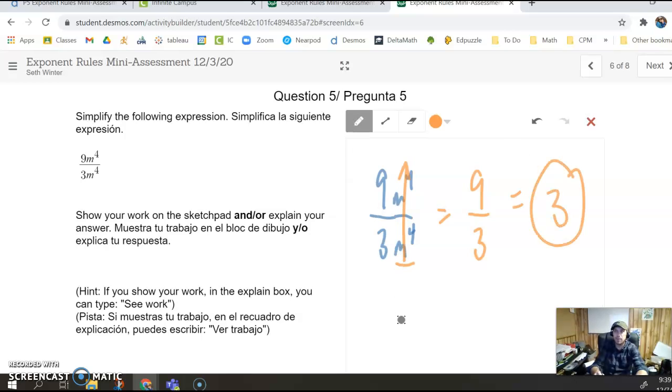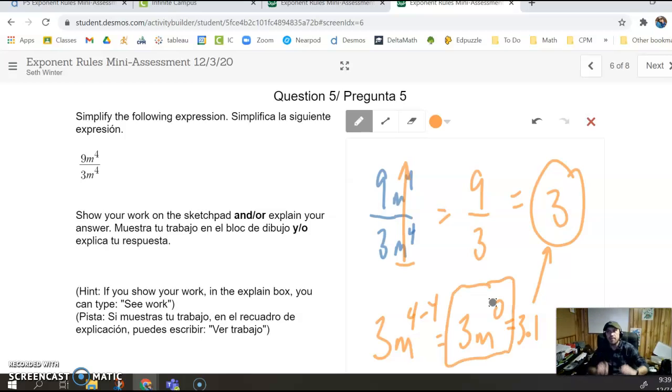If you didn't remember that, you could still say 9 divided by 3 is 3. M to the 4 minus 4 is 3m to the 0. Well, m to the 0 we learned is equal to 1, so that'd be 3 times 1, which would just take us back to 3. Some of you wrote it 3 times m to the 0 power. I accepted that because it showed me you understood that quotient rule there.